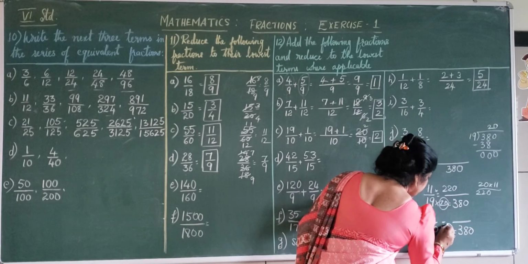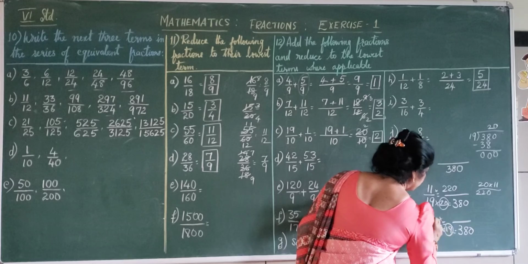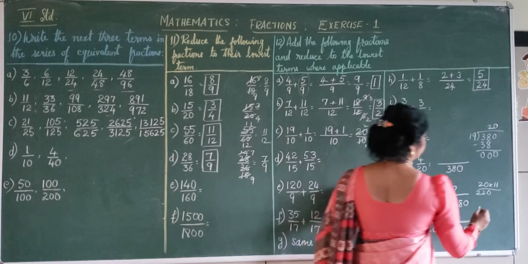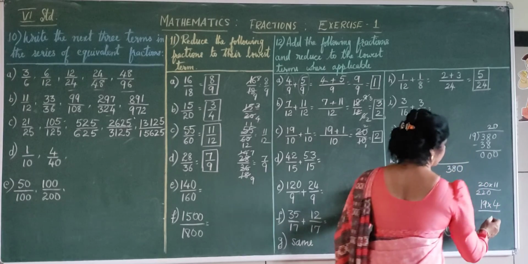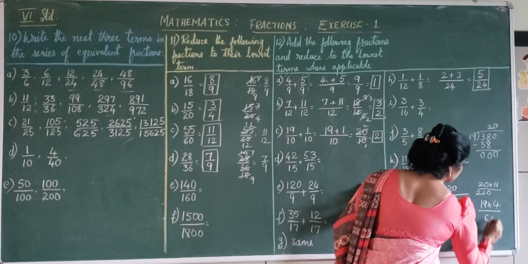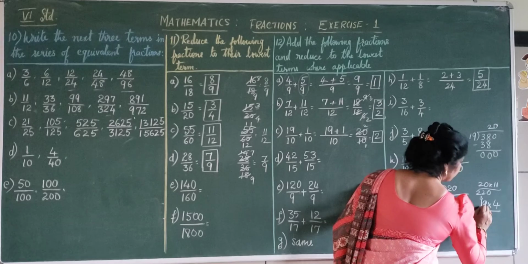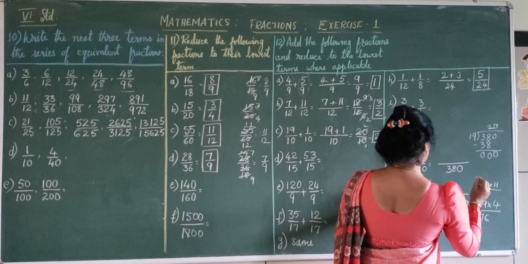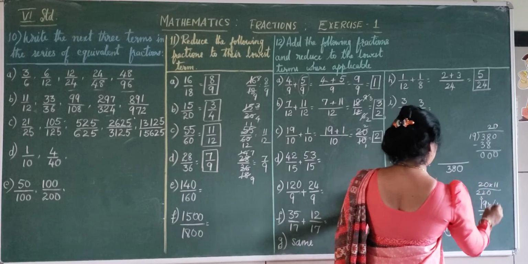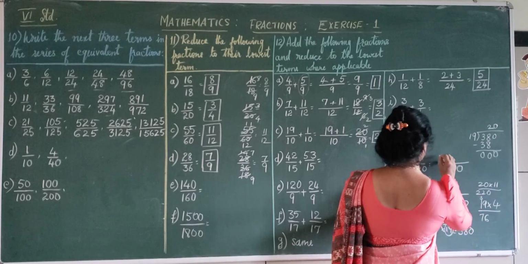So 19 is the middle factor into the numerator. So 19 into 4. 19 tables you see. 4 9s are 36. Carry 3. 4 ones are 4 plus 3 is 7. So it comes to 76. Okay. So the first one is 220.